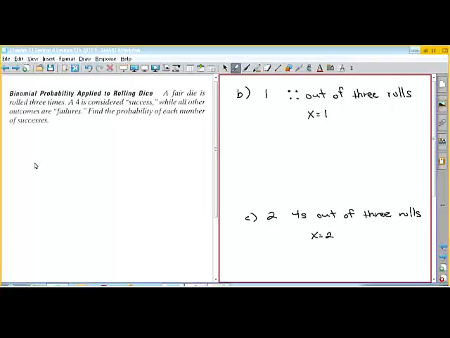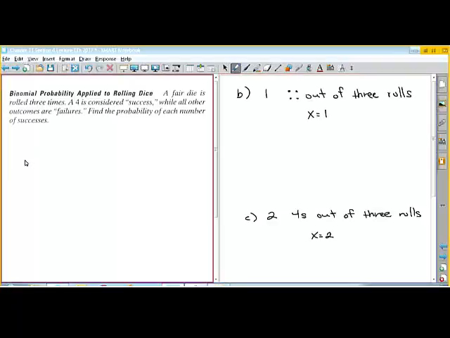Remember the probability formula for binomial situations: the probability of x successes is equal to n choose x, where we have n trials and x successes, that's just the combination formula, times the probability of success raised to the x power, times the probability of failure raised to the n minus x power. So all we need to do is figure out what x, n, and p are.